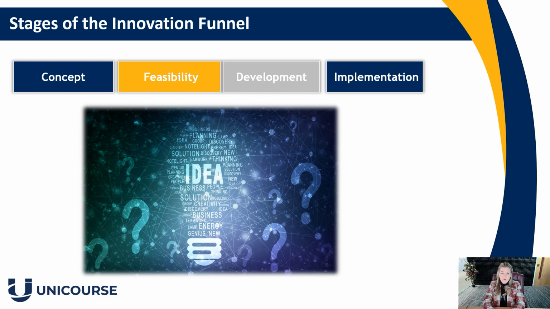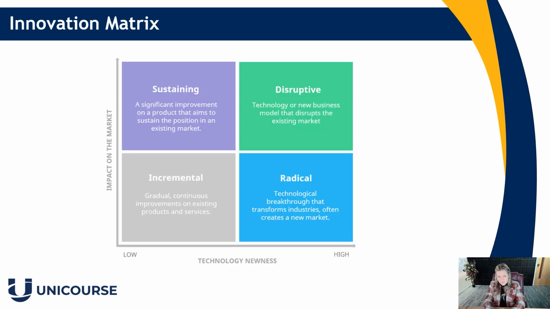Or it might just be that you need your shareholders to be aware of the implementation plan, and what innovation is going to be implemented and at what time. So let's have a little look now at the innovation matrix.